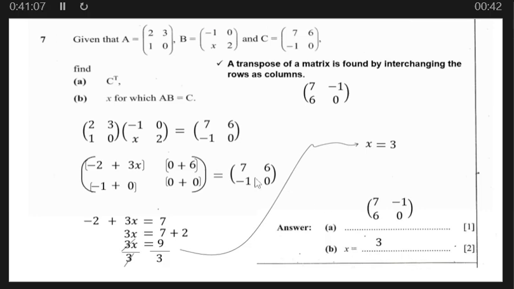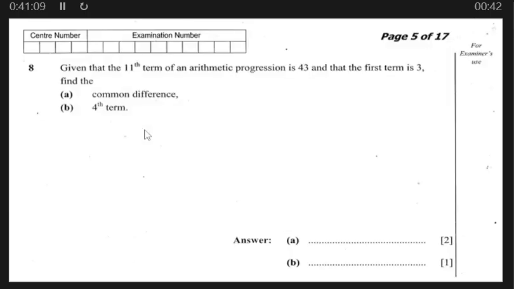So let's move to another question, which is question 8. Question 8 says, given that the 11th term of an arithmetic progression is 43 and that the first term is 3, find A, the common difference, B, the fourth term. All right, so this is an arithmetic progression.